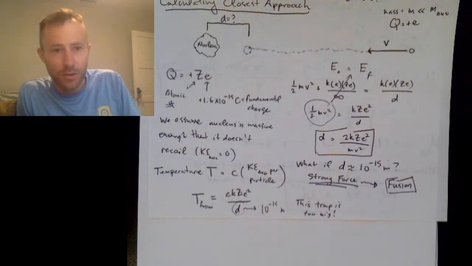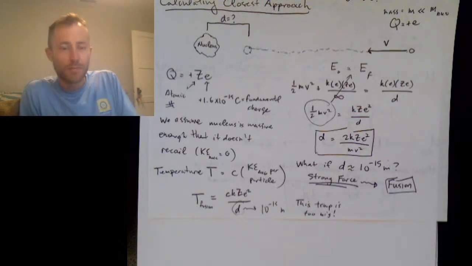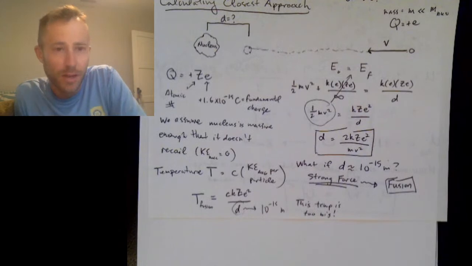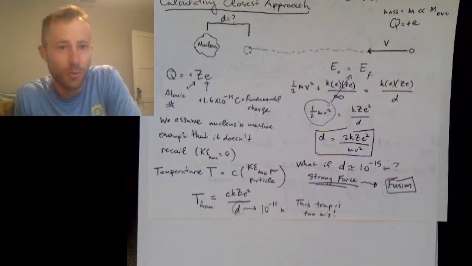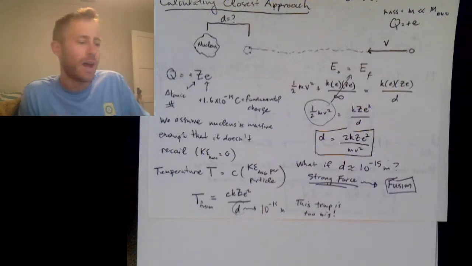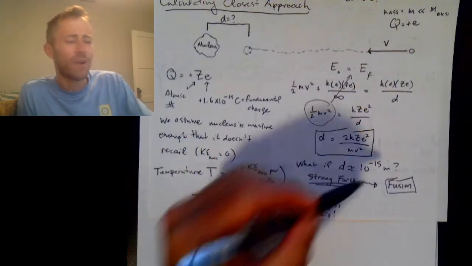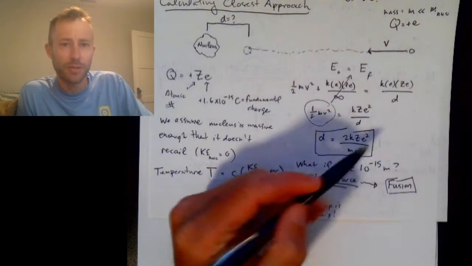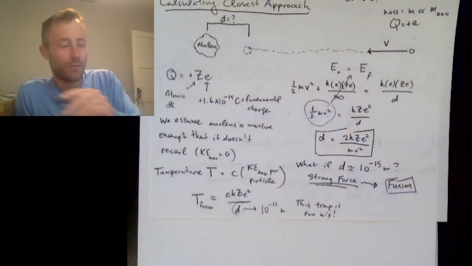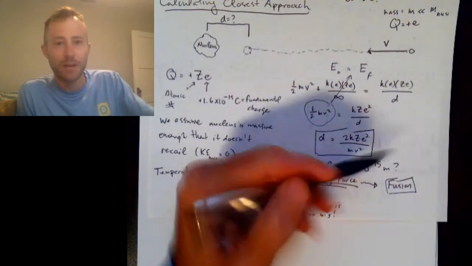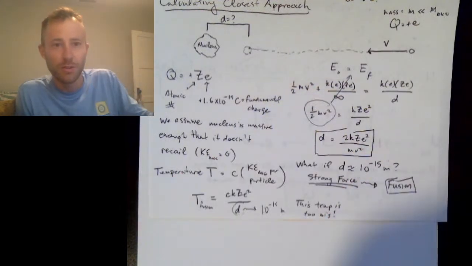It's not possible in classical physics, but it is possible in quantum mechanics. And guess what? The world runs at its deep level on quantum mechanics. So what happens is you don't have to get within 10 to the minus 15 meters. If your closest approach is further than that, the particle can tunnel the rest of the way and fuse.